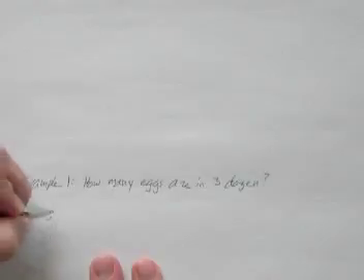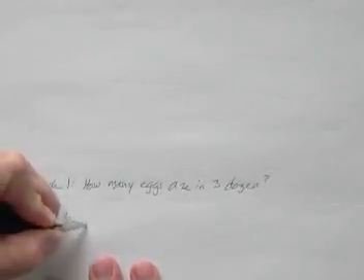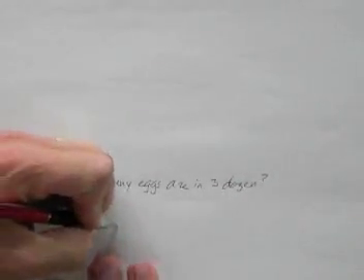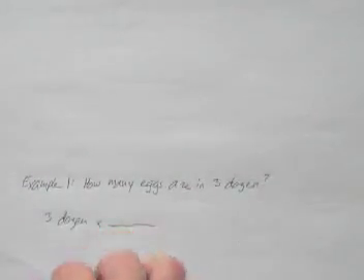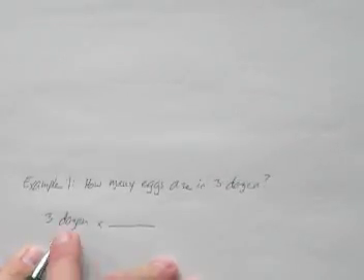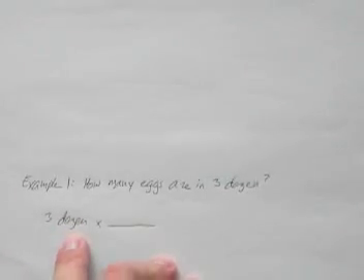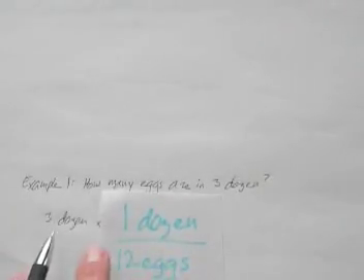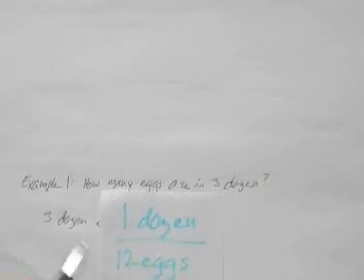So for example, how many eggs are in 3 dozen? Well, I would start the problem this way. 3 dozen times some conversion factor. Now what's my conversion factor going to be? Remember, from unit conversion or dimensional analysis, we want our dozen to cancel out. Notice if I use this conversion factor, my answer is going to be dozen squared over eggs. 3 over 12, dozen squared over eggs.